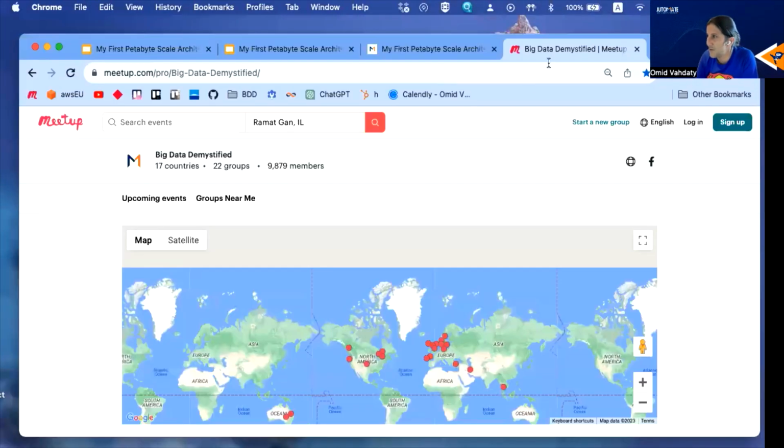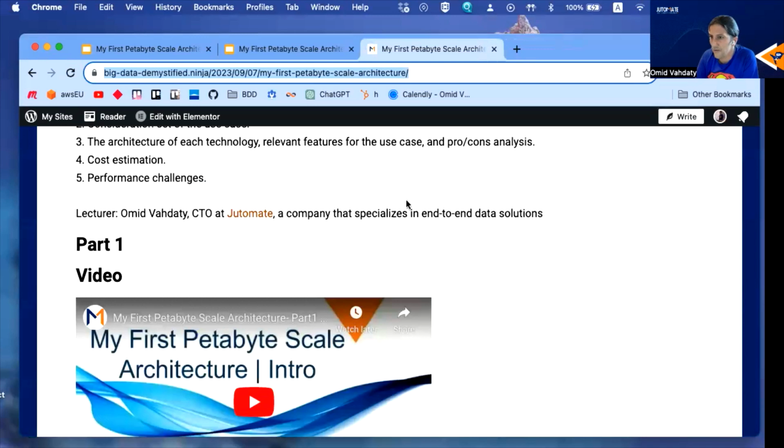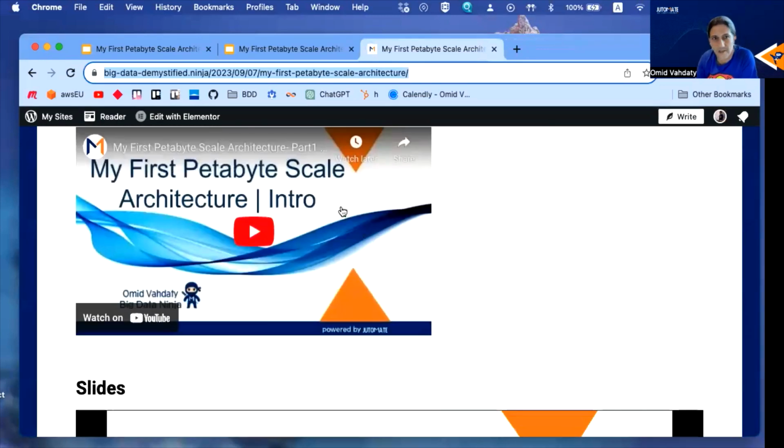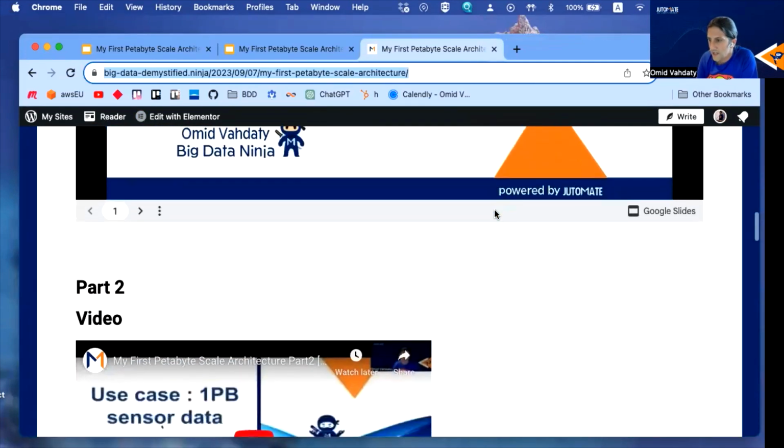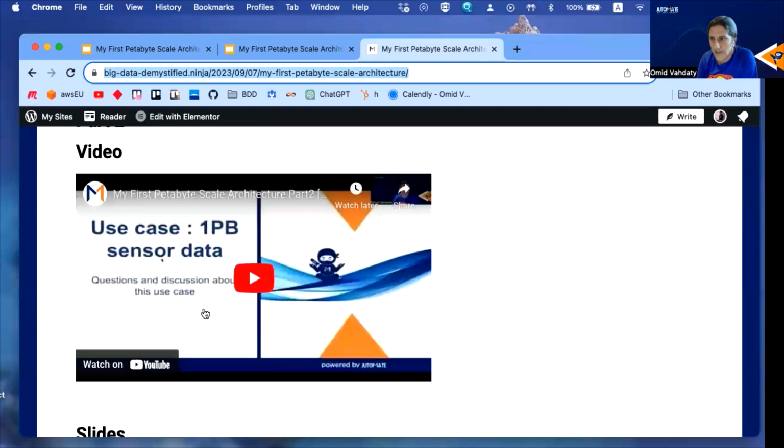What I'm going to do today is continue our lectures. Previously, we had session 1, the introduction session, and the video and slides are over here. Then we introduced a petascale use case of sensor data, which we want to process via 10 analysts. I will remind you a little bit about that.